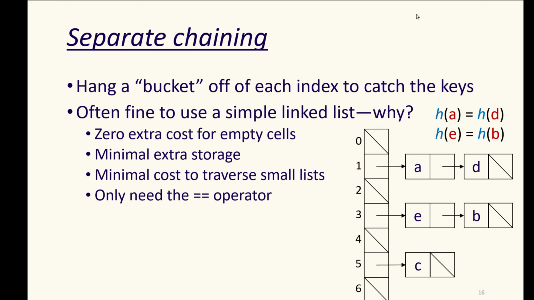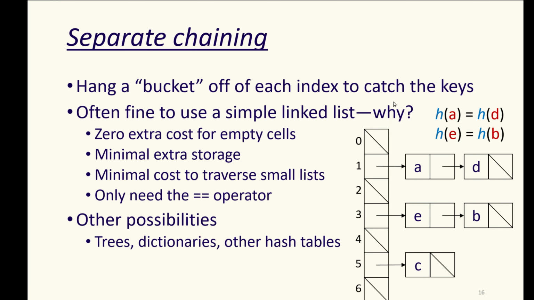There are other possibilities, like using a tree under there. So we have maybe a binary search tree under there that gives us faster lookup. We could use a second hash table inside of there, though then we would need another hash function. And as I mentioned, we could use an array, but it will have all the drawbacks we see with arrays: limited size, and having to keep it sorted when we insert or remove.